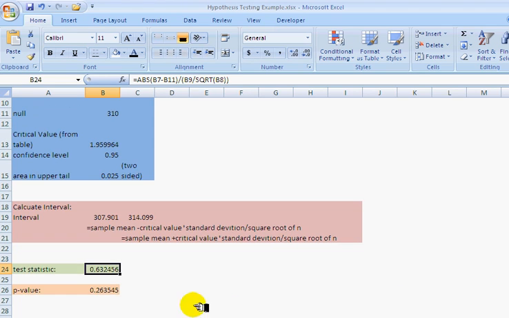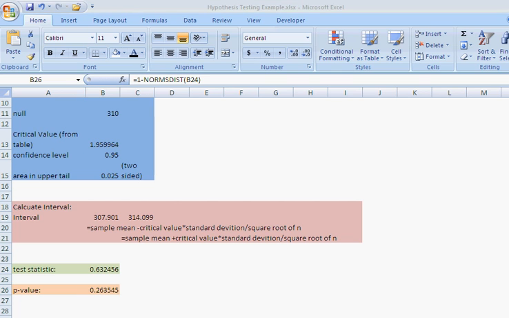Furthermore, we calculate a p-value based on that test statistic. All a p-value is, is the area in the upper tail of the test statistic compared to the null. So it's 1 minus NORM.S.DIST, that's the standard normal cumulative distribution, of the test statistic, when it's already an absolute value. So I get a p-value of 0.263.